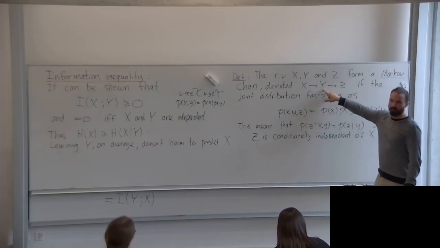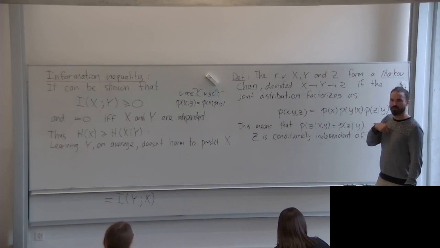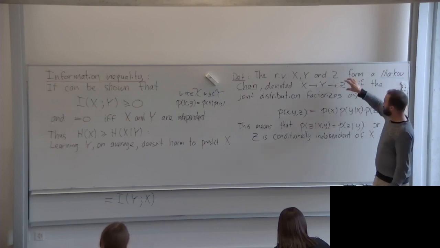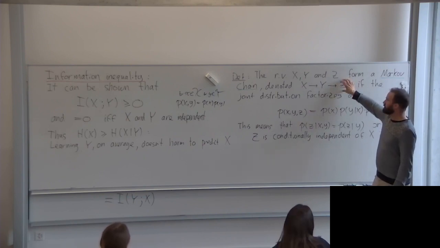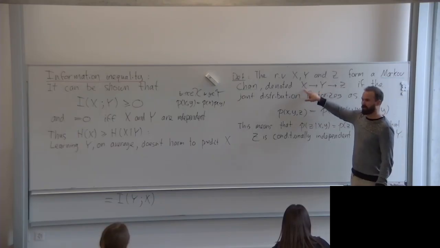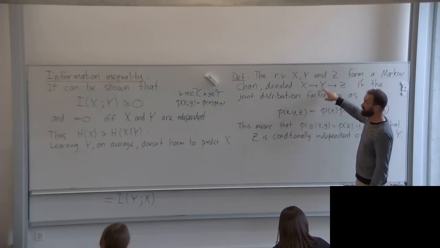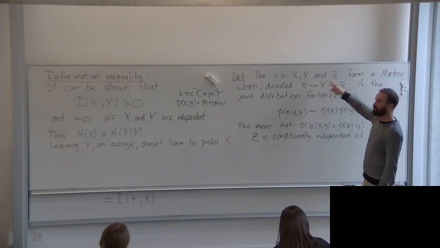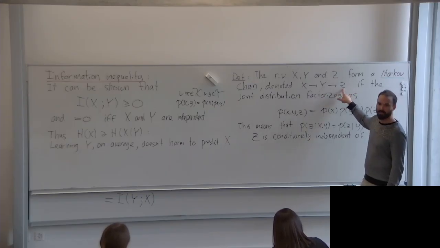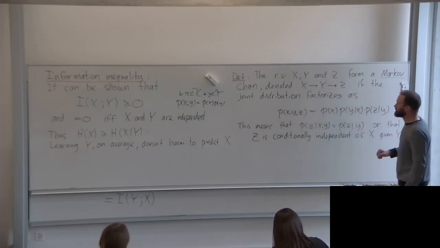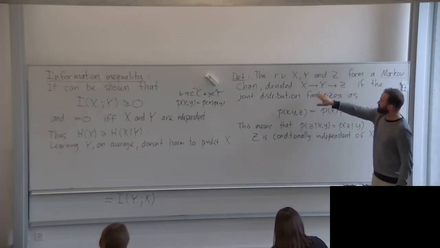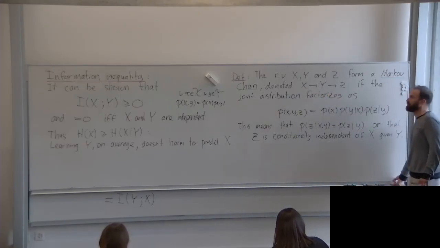And they found one. Y could have been the tars in your lungs. So if you want to predict if one has cancer, to learn if this person is smoking or not is irrelevant so long as you know if he has tars in his lungs. So then from there you can infer a causal structure, where smoking will affect the tars in your lungs, and the tars in your lungs will affect your likelihood of having cancer. That's just a comment basically to justify the use of that notation, which is somewhat useful.